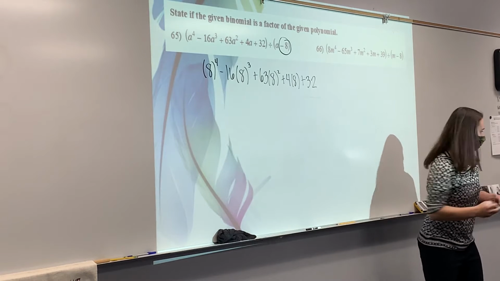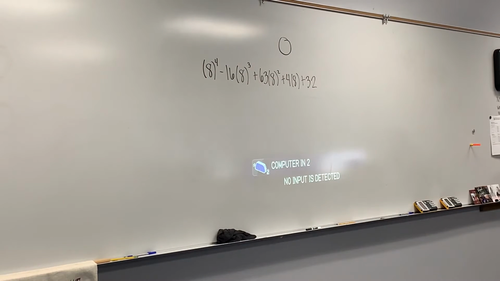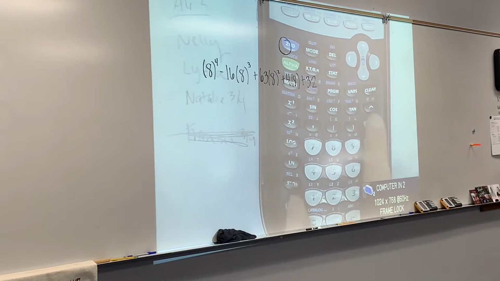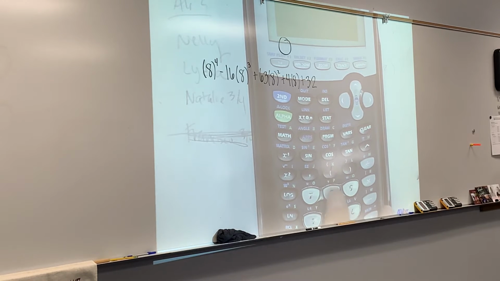Okay, so it's got the symbol, this one right here where my finger is below the clear. So you would put parentheses where my fingers are with 8.